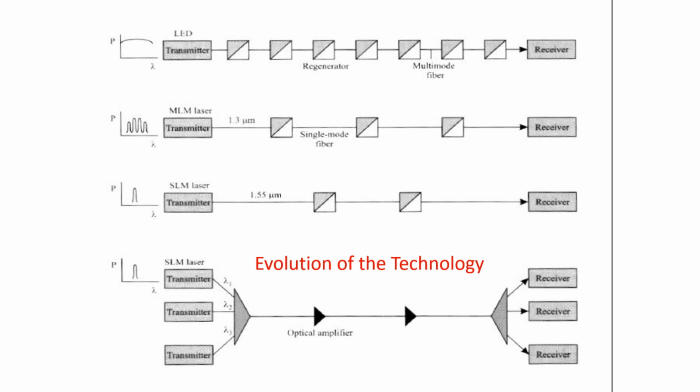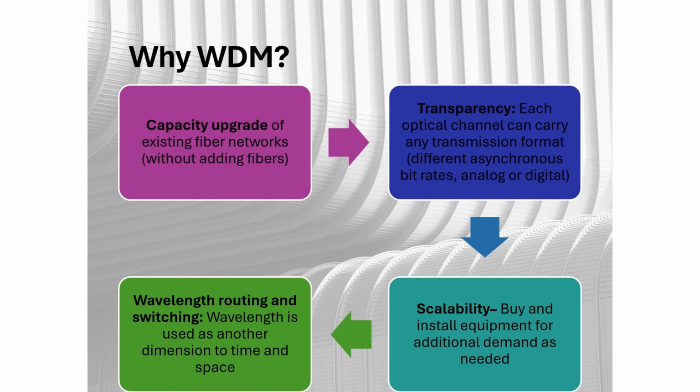So this is the evolution of technology, where single longitudinal mode lasers are used. Then we use the multiplexing concept, many to one, then optical amplifier, demultiplexer and receiver. So this is the need, or evolution of technology, to increase bandwidth.